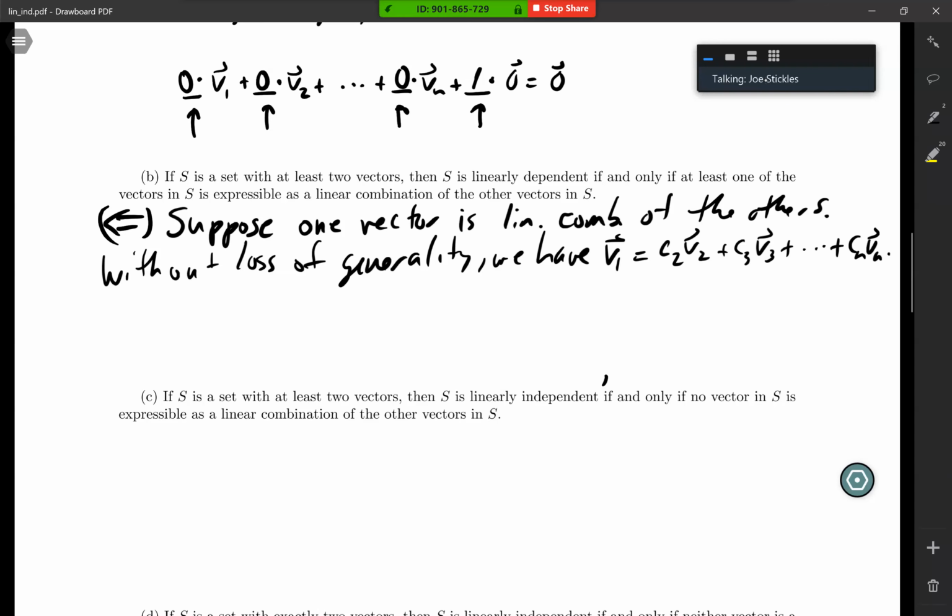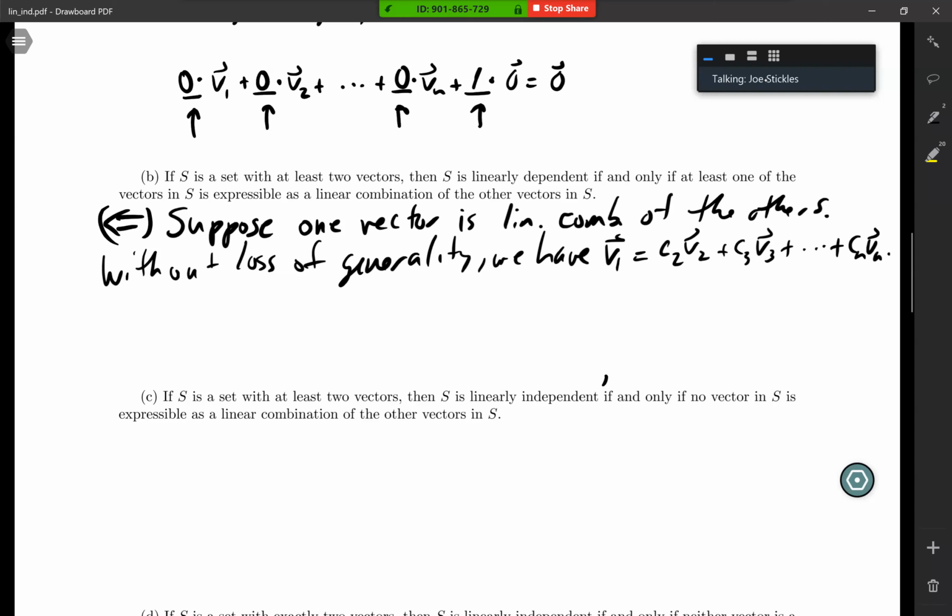And again, what I mean by the without loss of generality statement is that I know one of them is a linear combination of the others, so I might as well just say it's the first one, just by reordering the vectors in the set, since the order of the elements in the set doesn't matter. That's all I mean by that statement.